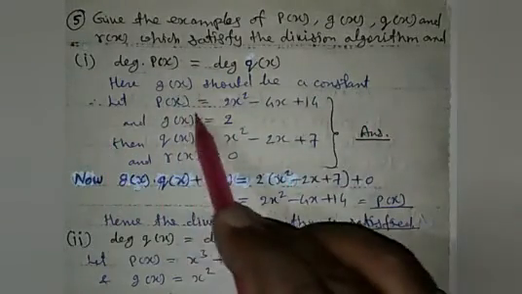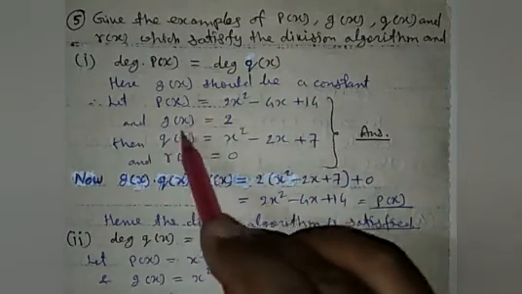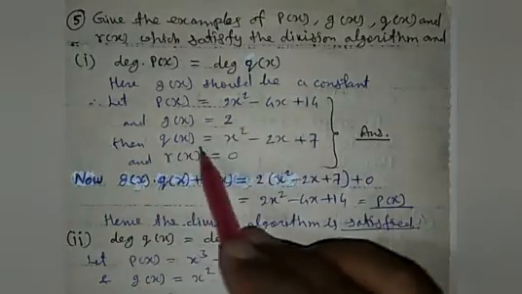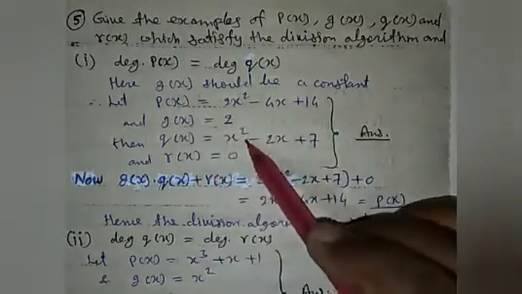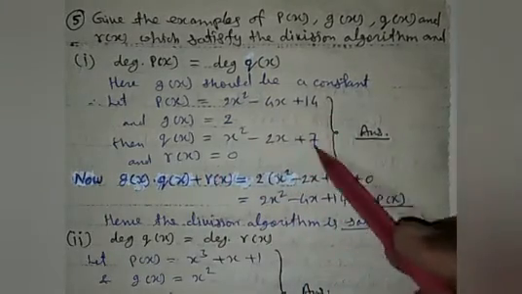Here divisor means gx should be a constant. So let px equal 2x square minus 4x plus 14 and divisor gx is equal to 2. So on dividing px by gx you will get quotient qx as x square minus 2x plus 7.